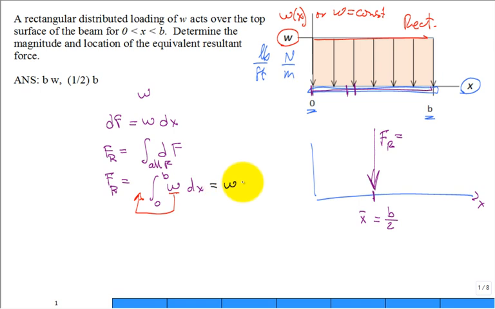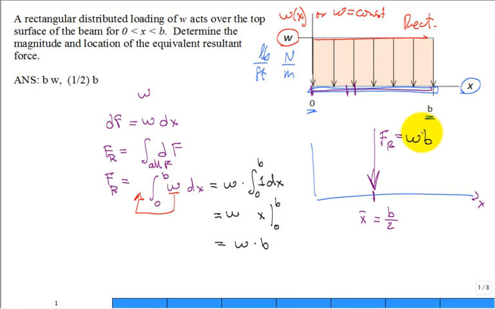I'll say W times the integral of 1 dx. They never asked you that on the final in Cal 2, did they? I can do that. It's just x evaluated at the lower limit, upper limit. So this is just W times b minus 0. So let's drop that. Guess what?